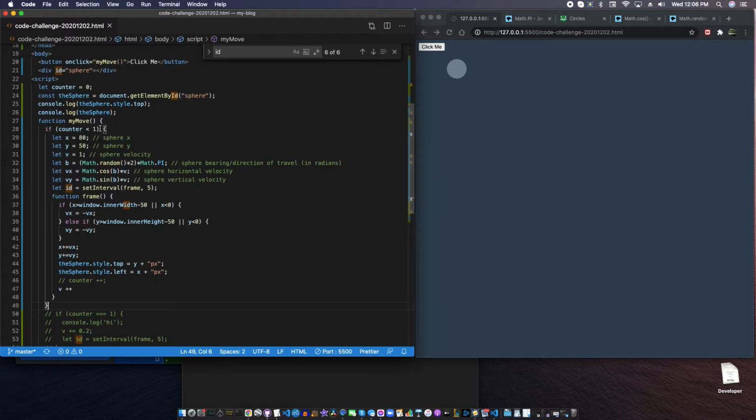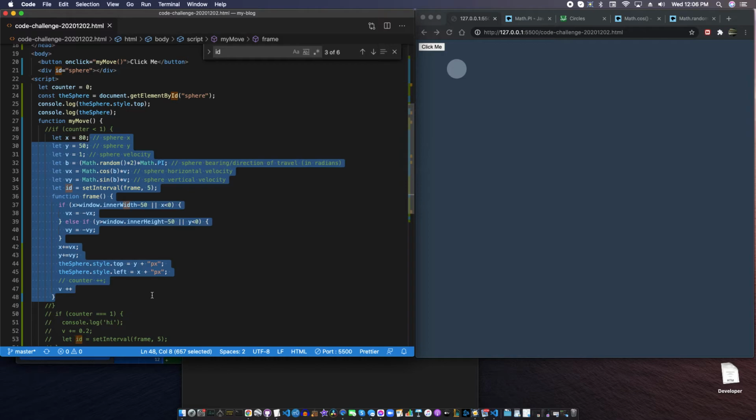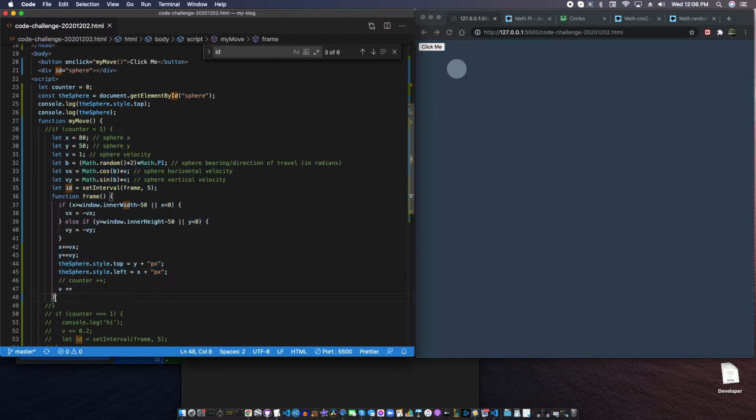And we will comment out this closing curly brace and comment out this condition. Now my move function just does all of this. This is a closing curly brace for the frame function.